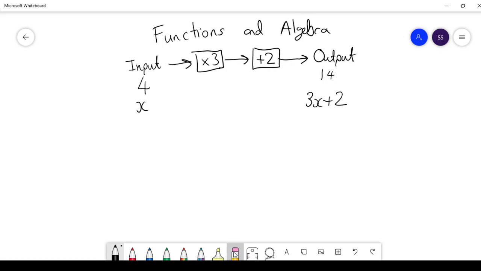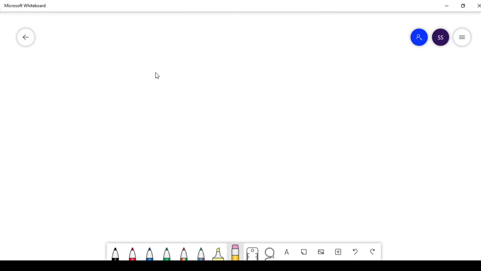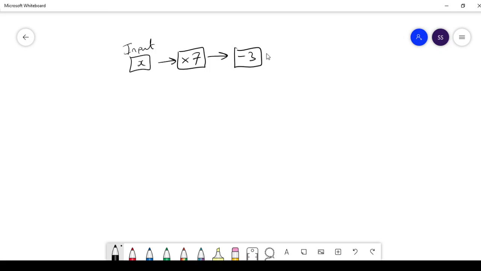Let's have a look at another example. Okay. So I'm going to switch pens. Here's another function machine. I'll say my input is x. Then the function times that by 7 and takes away 3.